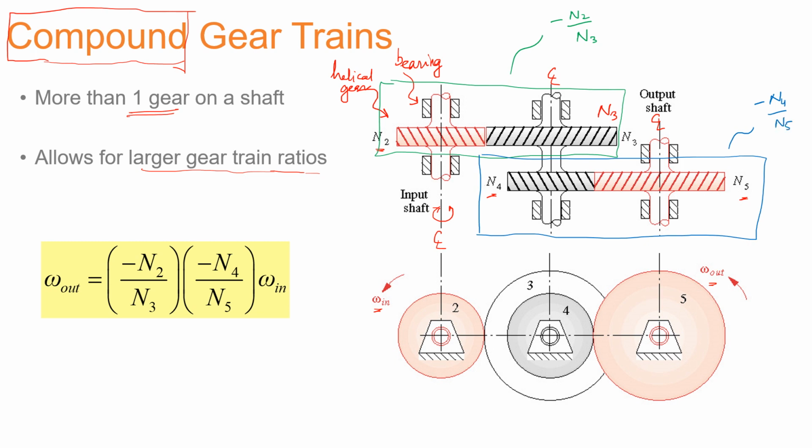So since you have mounted these two gears N3 and N4 on the same shaft, you can just multiply these two ratios together as indicated in this expression. You have minus N2 over N3, similar to this, and you have minus N4 over N5 from here, multiplied together. So this is going to be the governing expression for the compound gear trains.